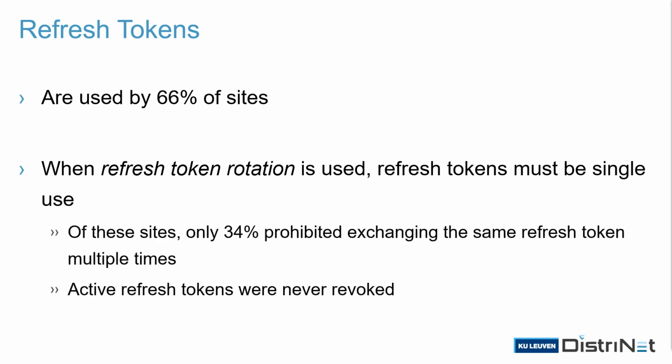Unfortunately, about 1 in 3 sites actually implemented this correctly and did not accept an old refresh token. The majority allowed refresh tokens to be reused multiple times, so that's not good news. But even the sites that did not accept the old refresh token never revoked the active refresh token. So they also didn't implement the guidelines fully.